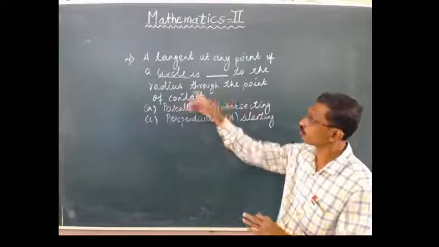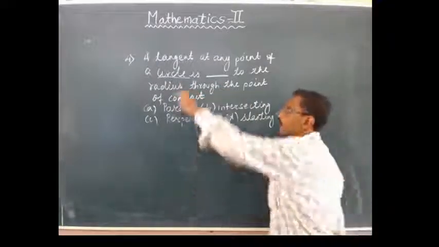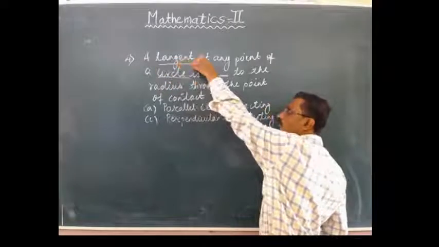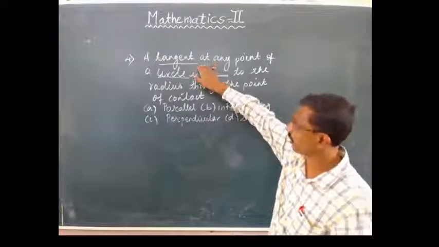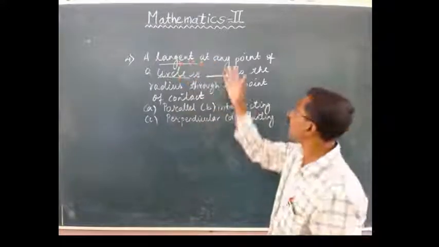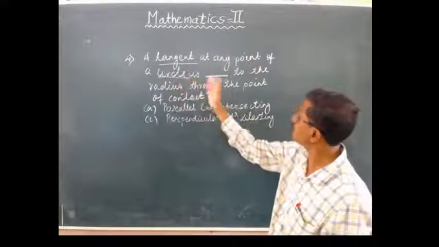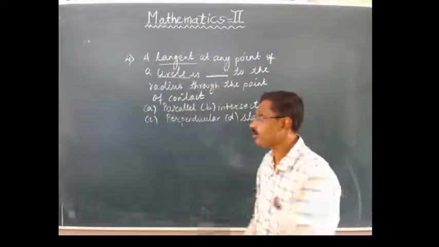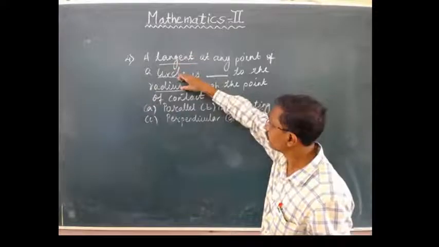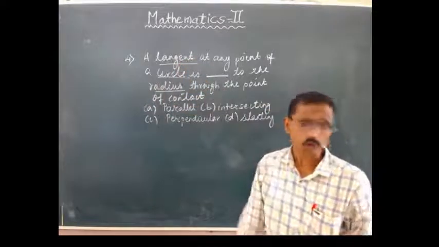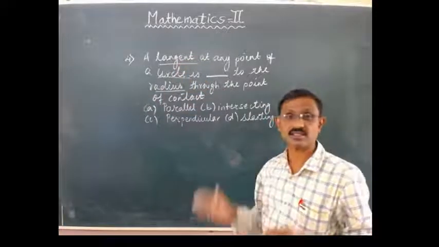A tangent is one hint and a circle is one hint. Radius is one more hint. Circle, radius and tangent. So let us first draw the circle and see.